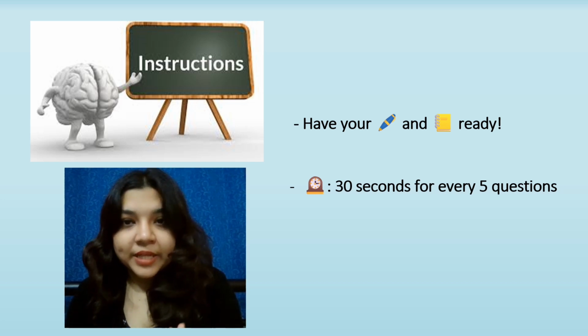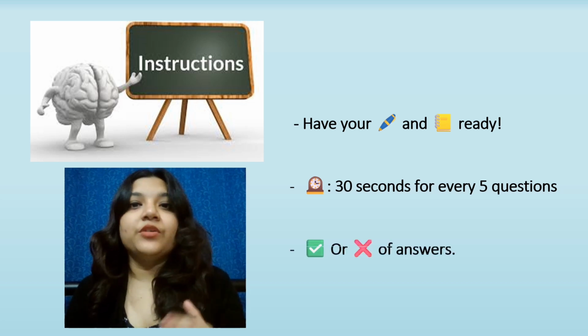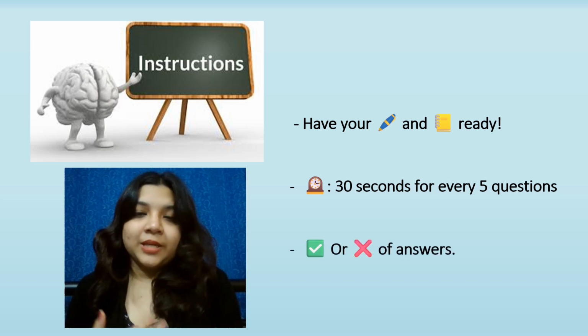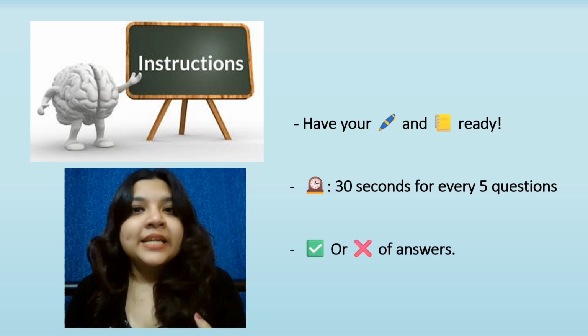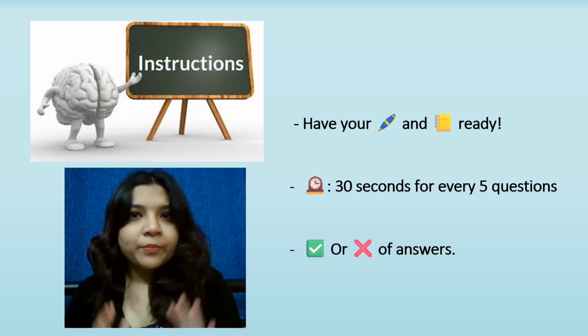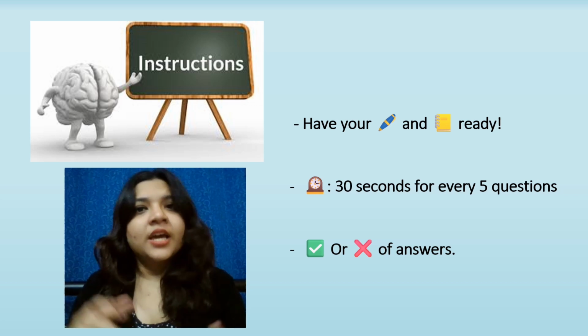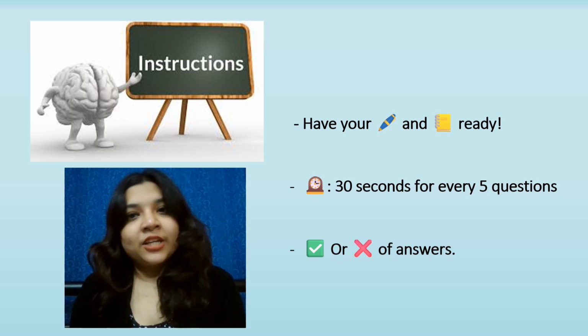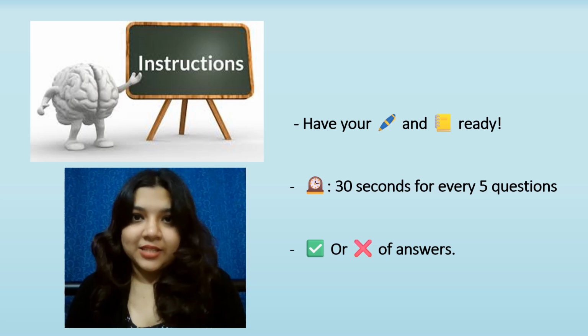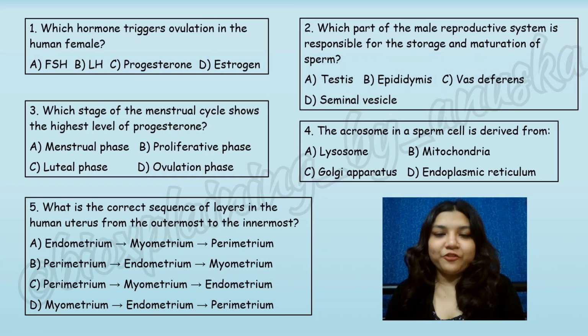Once you've completed your answers, we will check whether you've got them correct or wrong. In case you need more time, you can pause the video, or if you're done before 30 seconds, you can forward it and go to the checking of the answers. I hope it's clear. Get started with the first set of questions displayed on the screen.